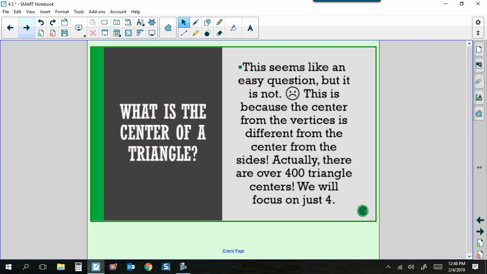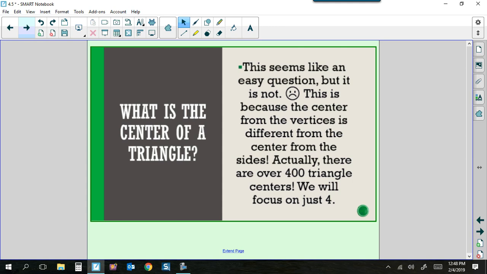The first is, what is a triangle center? Well, this seems to be an easy question. It's the center of the triangle. Well, unfortunately, there are hundreds of different triangle centers that have been found throughout the hundreds and thousands of years that math has been used officially. We're going to focus on just 4.